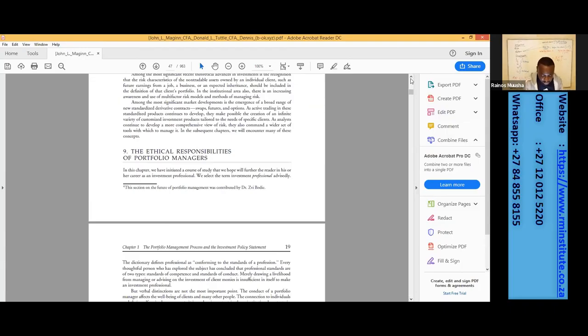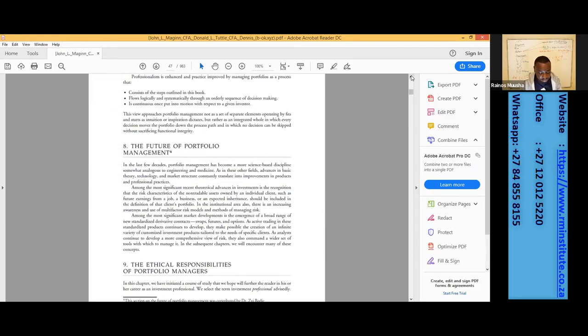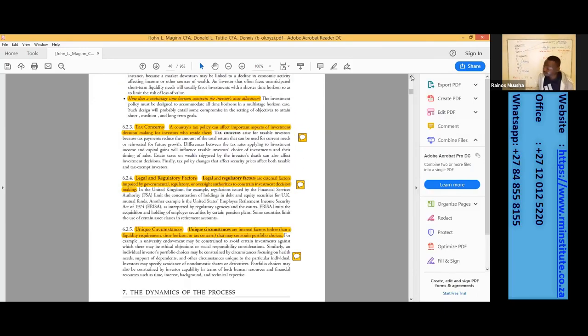But there's not much that you're going to be expected to be examined on. The most important thing in this section is being able to know how you draw up your investment policy statement, where you're looking at being able to identify the objectives and the constraints as well.